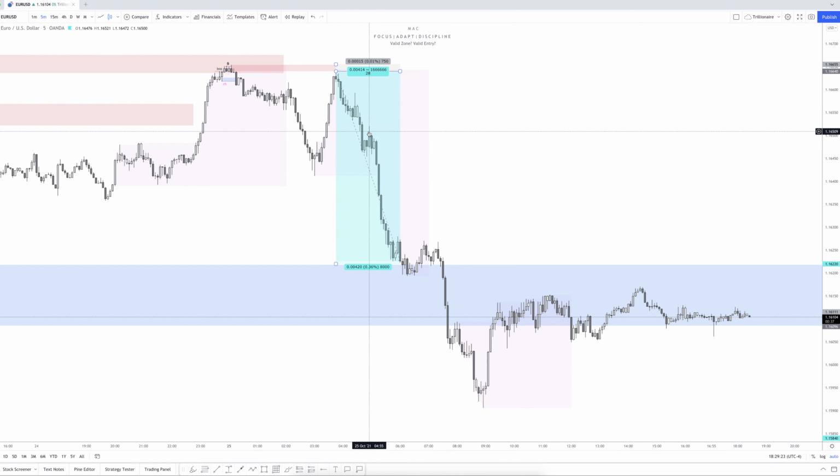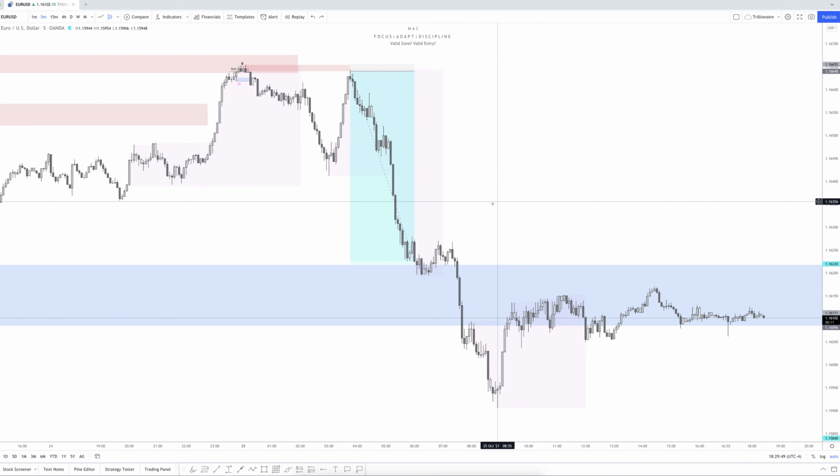Price does not have to respect these levels. We had a small stall here, and then all of a sudden price just pushes to the downside. Seeing that, it didn't really make sense for me to close the position here. Now if you wanted to get out of the market, that's completely fine because that was 15% of my account. But I just simply targeted the next zone and the rest was history.